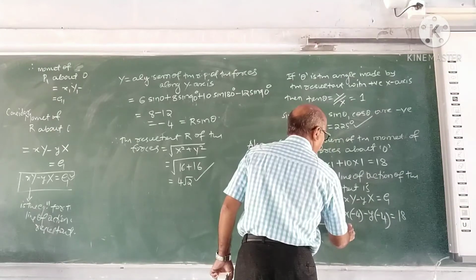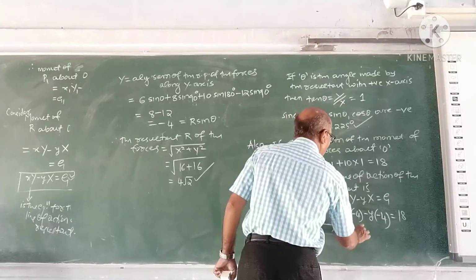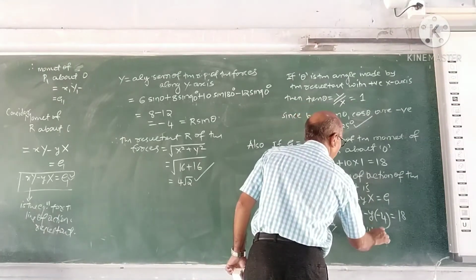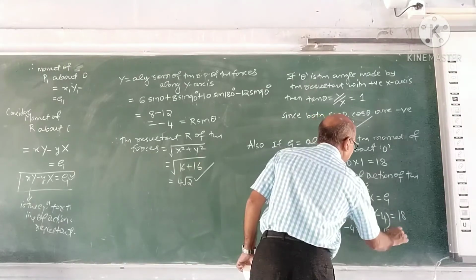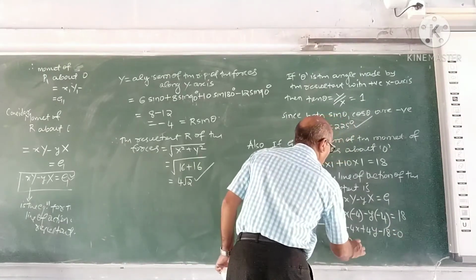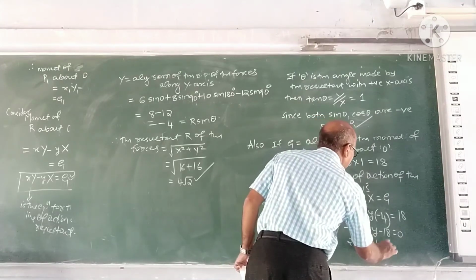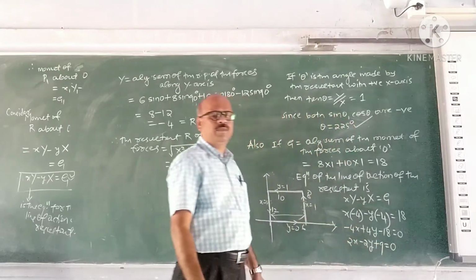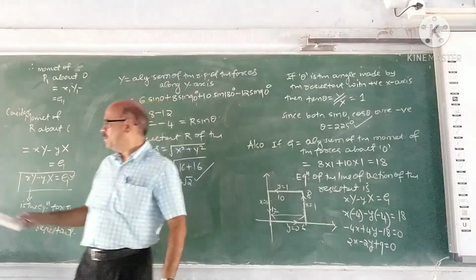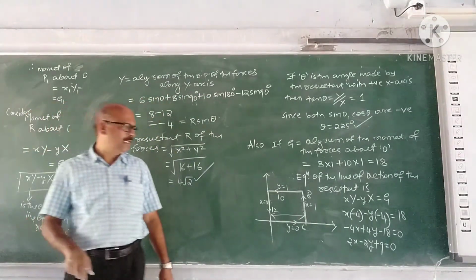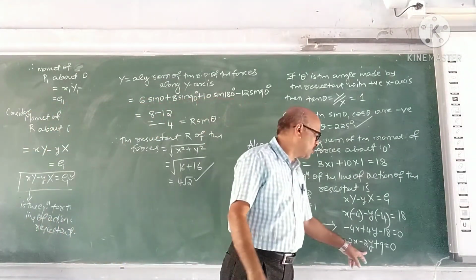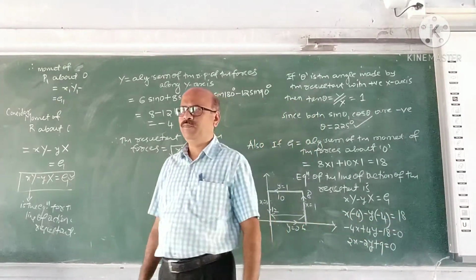Therefore minus 4x plus 4y minus 18 is equal to 0, or 2x minus 2y plus 9 is equal to 0. This is the line of action of the resultant.